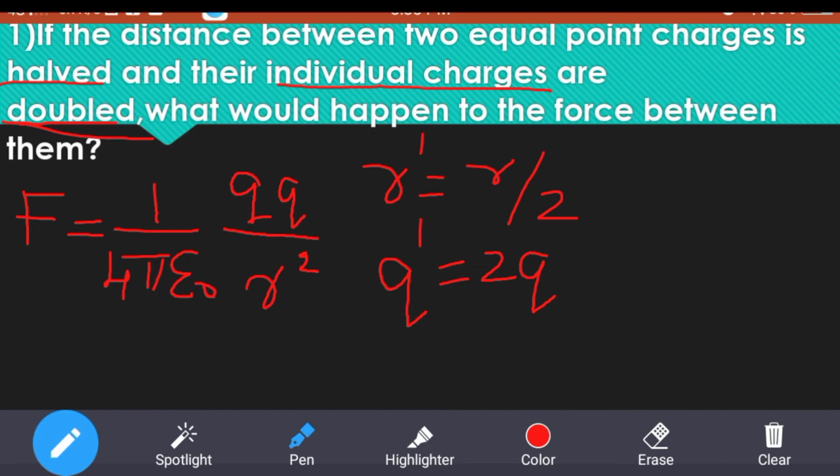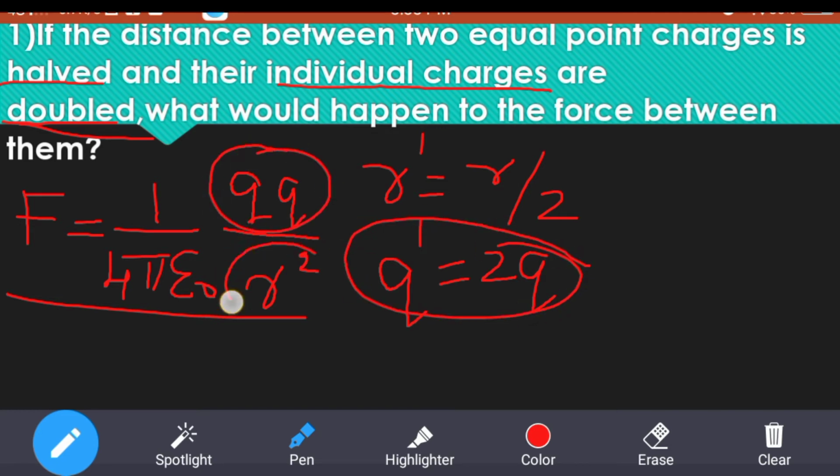So the new distance is half of the first distance, and the new charge is twice the first charge. Where the charges are required in this equation we will apply this condition, and where the distance is required, we will apply this condition.